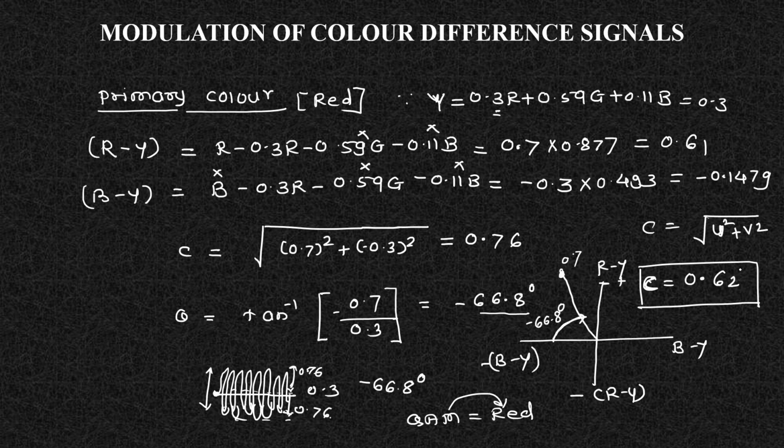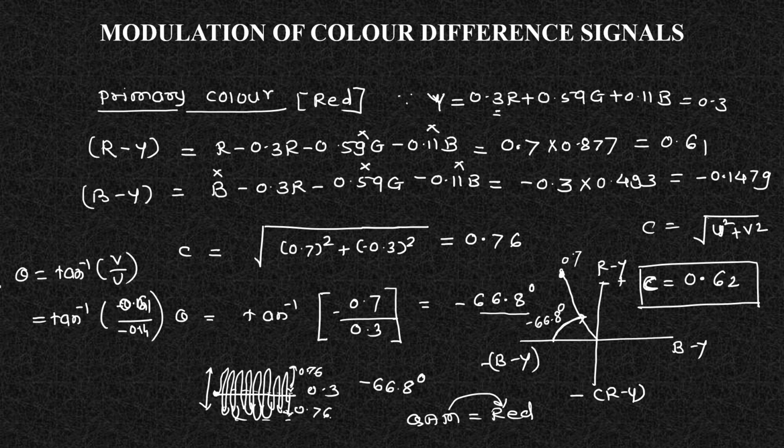And what about theta? You simply put theta is equal to tan inverse of V by U. What is V in this particular case? We have calculated it, it's r minus y, so this will be 0.61 divided by minus 0.14. If you do this, you will get another angle.